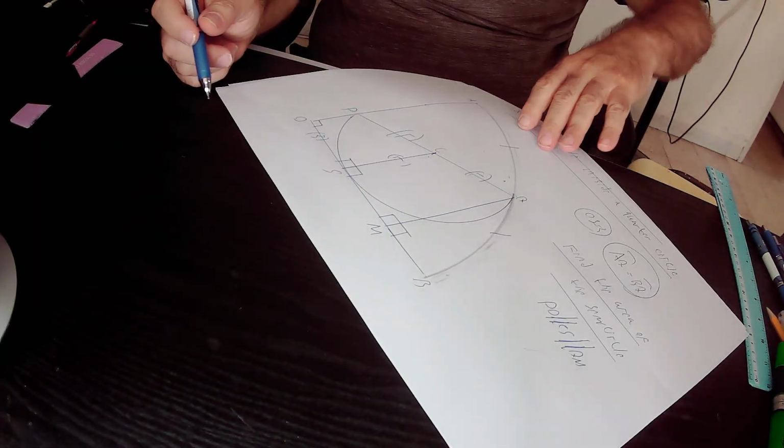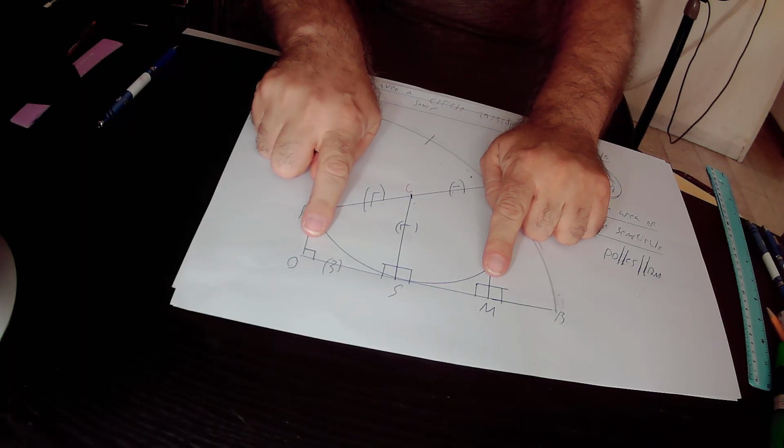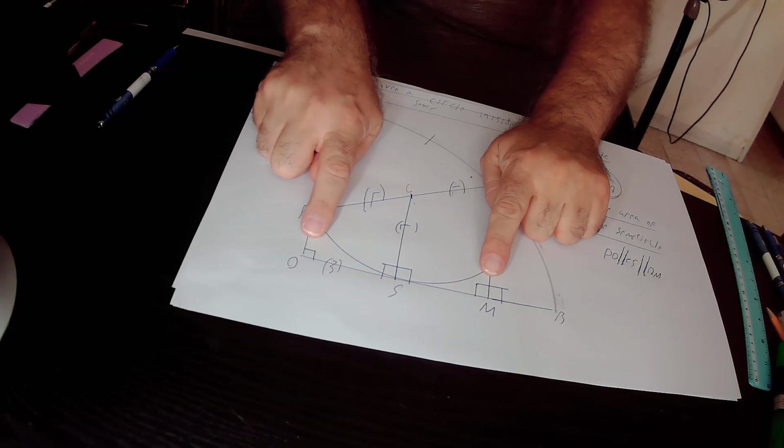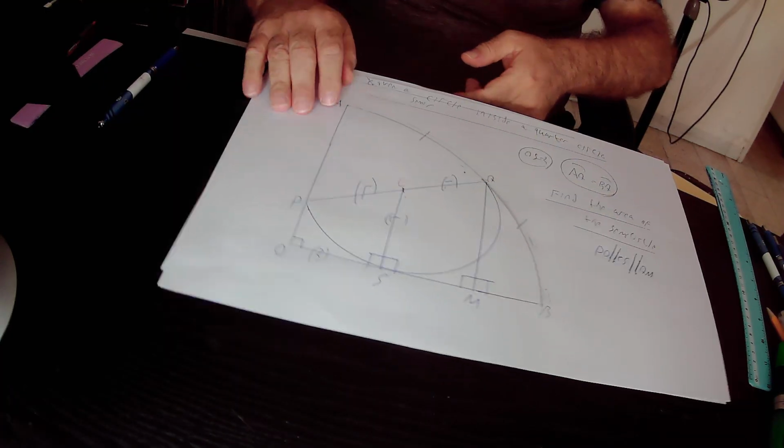Likewise, the sum of those two one-sided interior angles is equal to 180 degrees, and therefore they must be located between parallel lines. That is to say, PO is parallel to QM.